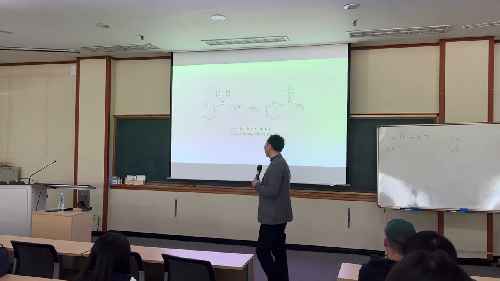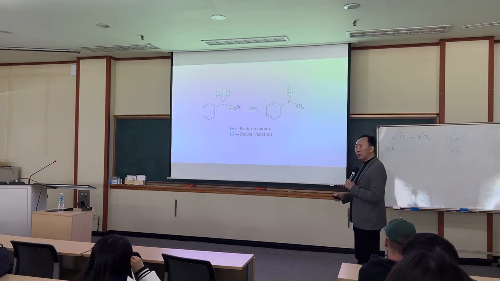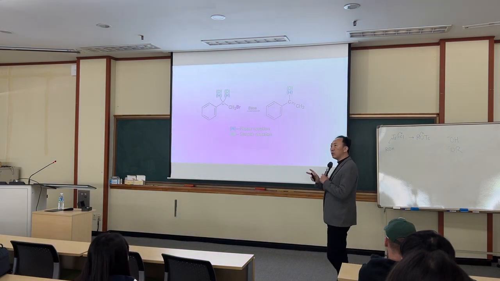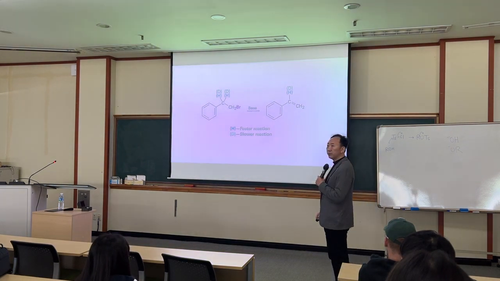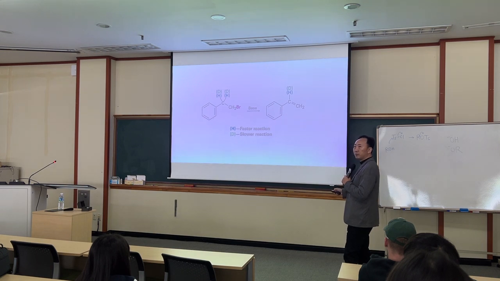E1 and E2, we can try to make it here, change this hydrogen with deuterium. Deuterium is the atomic weight 2 isotope of hydrogen. Then the base should attack here and push down, and this bromide will push out.